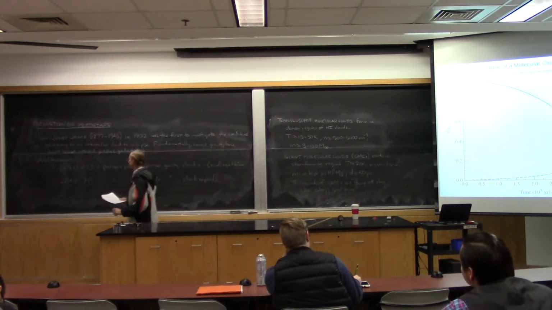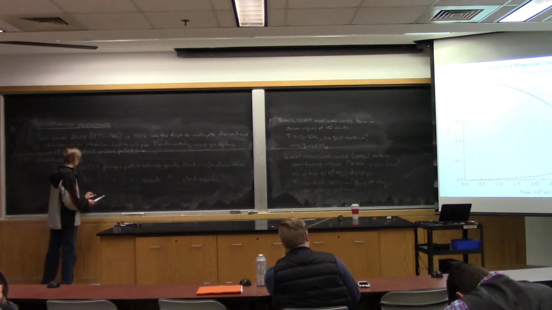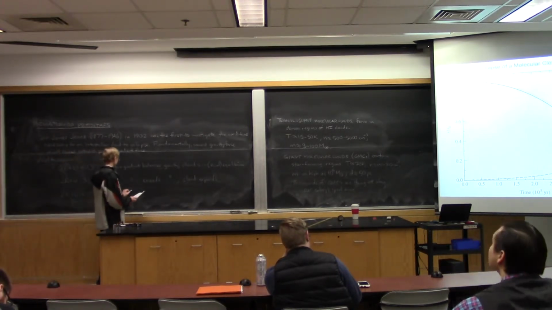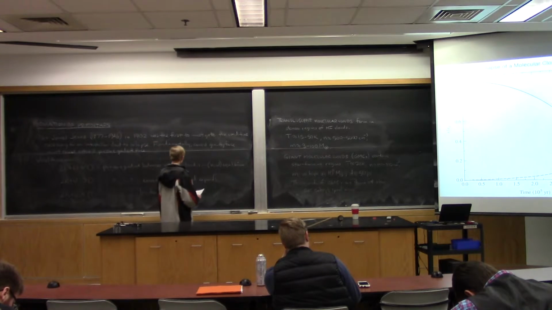So what we must want is 2K plus U less than 0. Pressure gradient less than gravity. Cloud contracts.